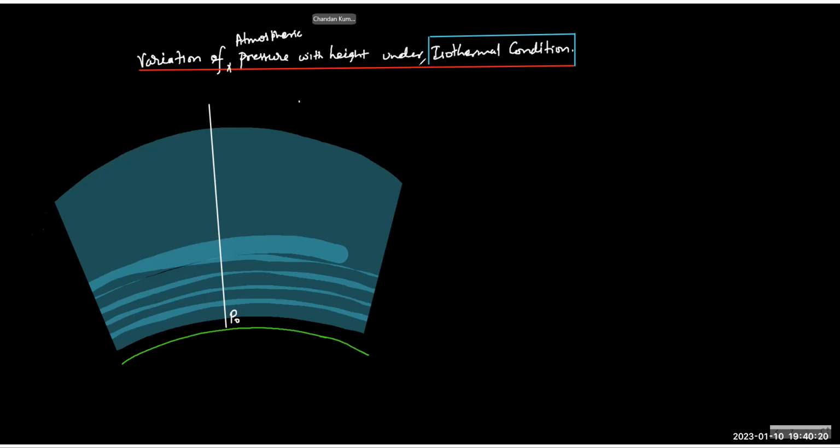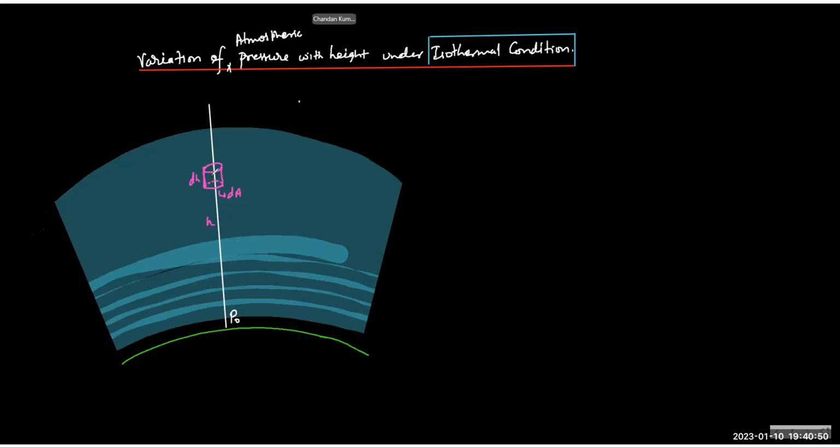So imagine a thin cylinder of air. The height from the base is h. After h, I cut a small cylinder of height dh, and I'm going to consider the area as dA. It's very small.